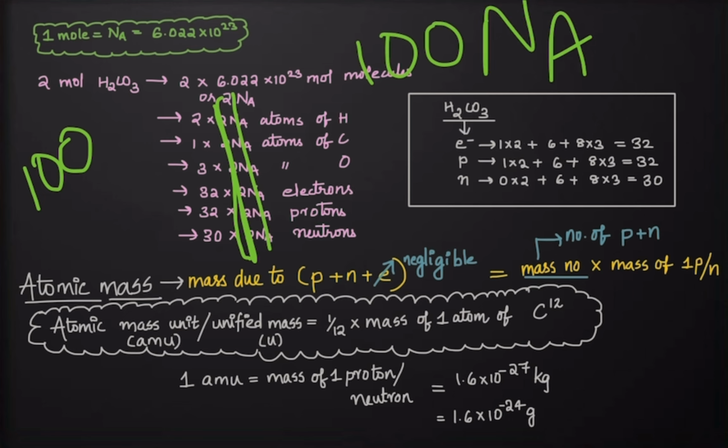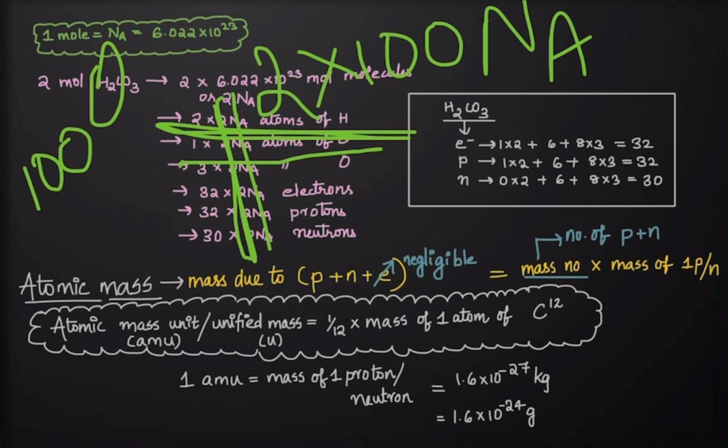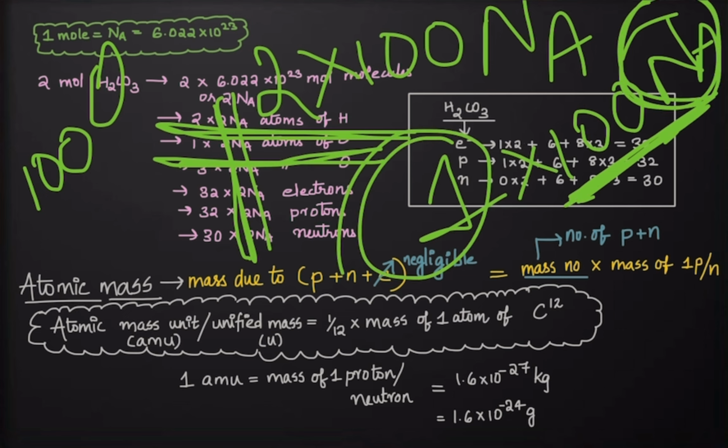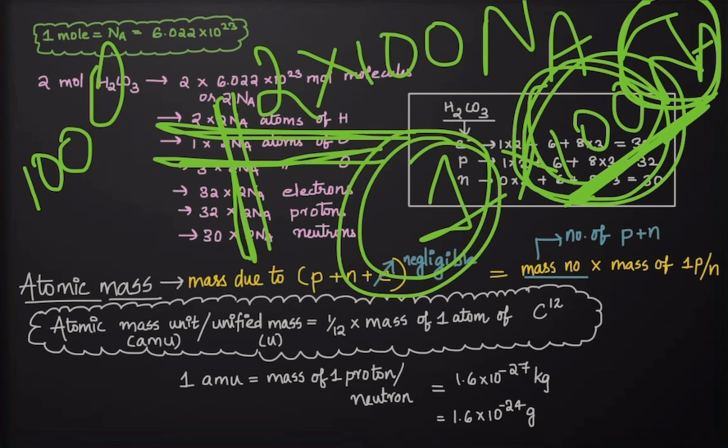That means the total number of hydrogen atoms is 2 into 100 Na. Total number of carbon atoms will be 1 into 100 Na. Number of atoms into number of moles into Avogadro number. This is the format.